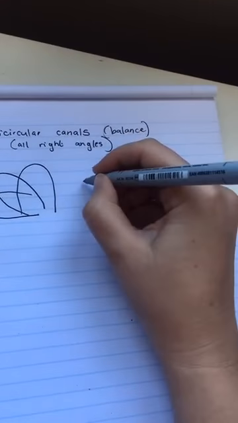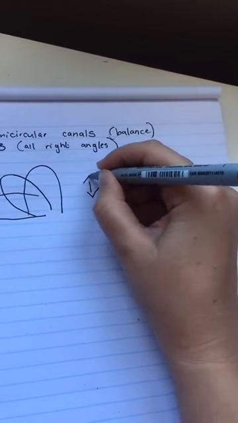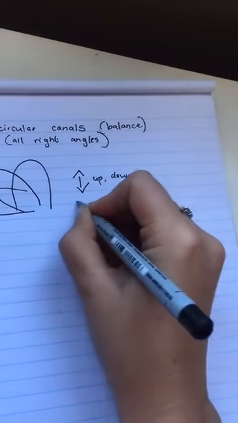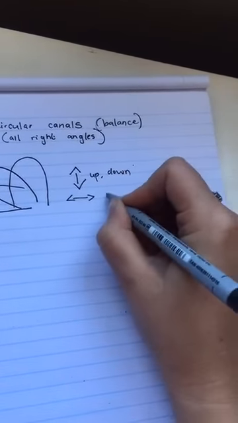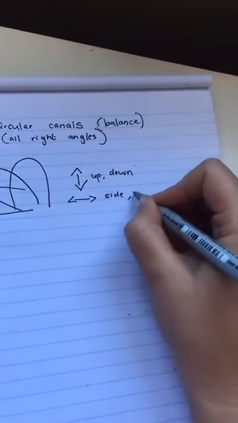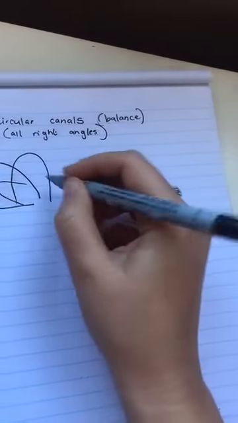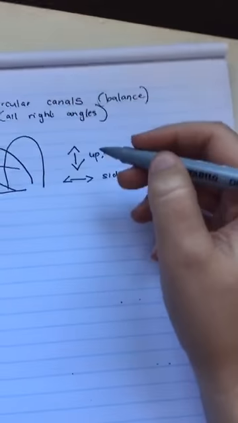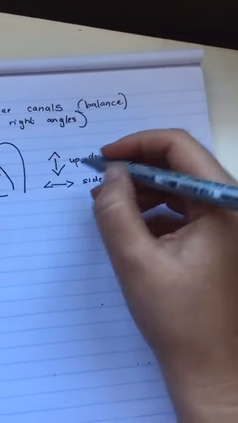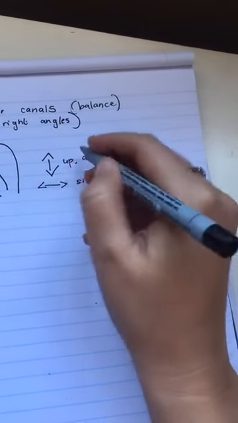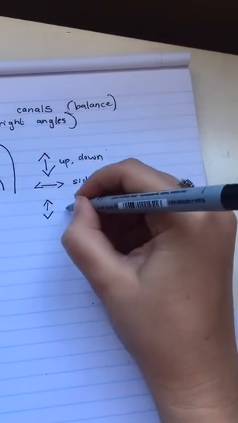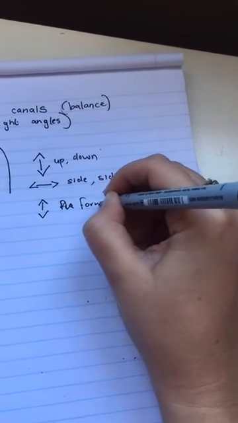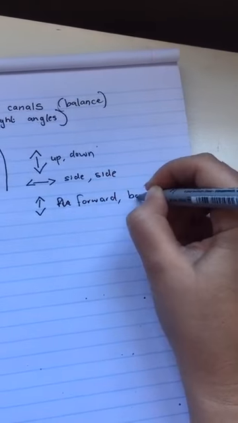Essentially it allows you to have up and down motion. So this is up and down. It allows you to feel side to side, and it also allows you to feel forward and back motion. This is difficult to show because it looks like up and down.